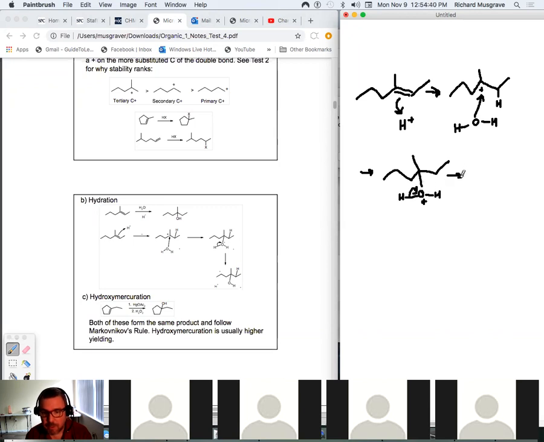And then we lose the H+, and lo and behold, like I said, the OH has ended up on the C that had more Cs connected to it.